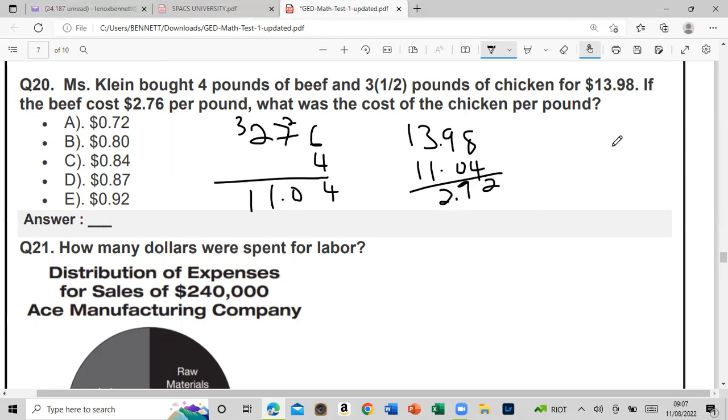So 292 divided by 35. As we're gonna convert it, right? This into this, 0, 10 and 350. And so it's about 8.